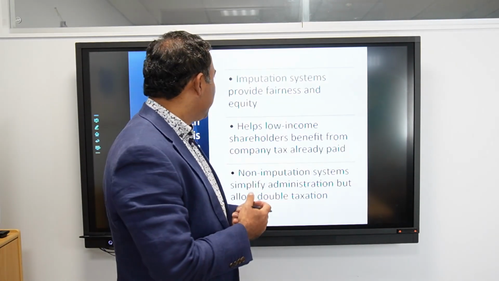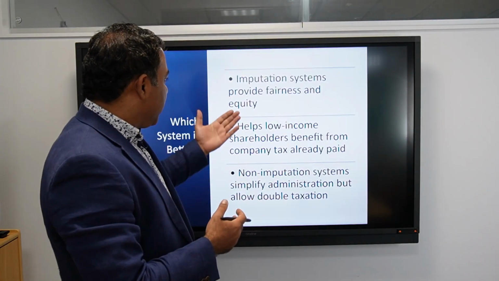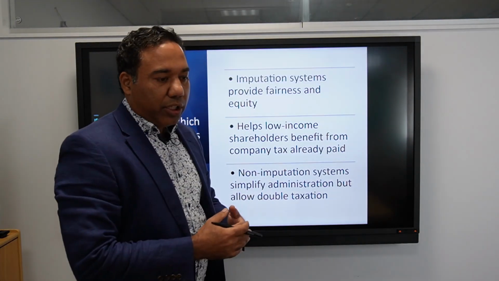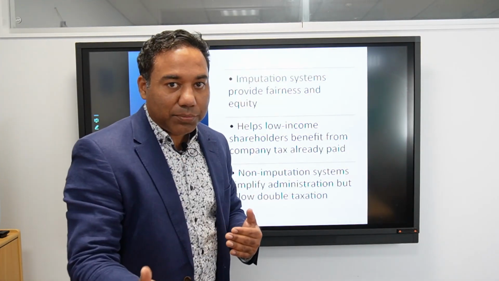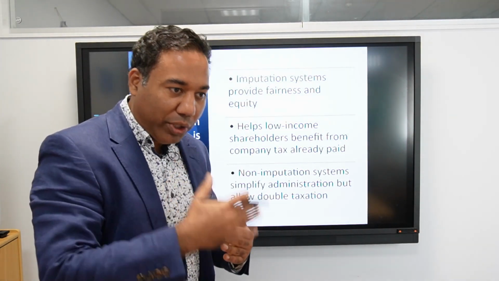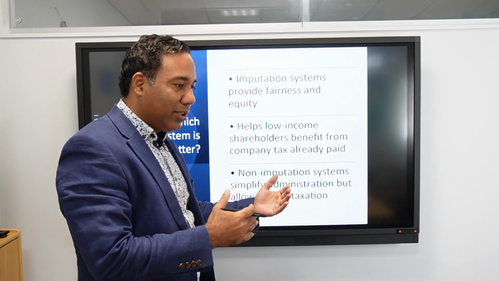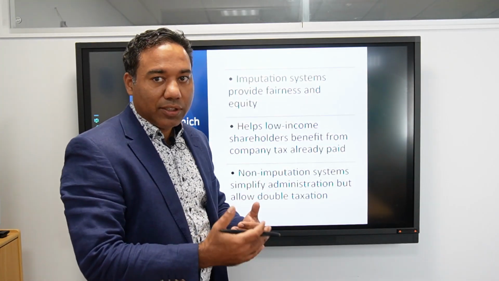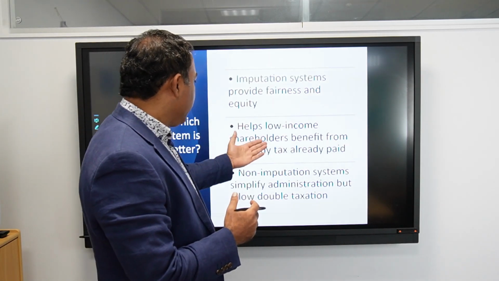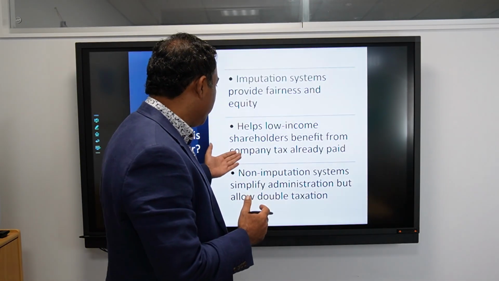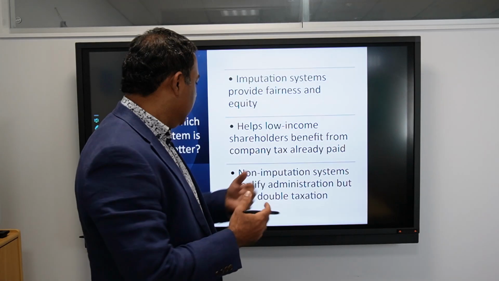Which system is better? The imputation system provides fairness and equity. If you are a higher income earner, you will top up, but if you're a low income earner, you will get tax credits or an offset in some other form or shape, which helps low income shareholders benefit from company tax already paid.